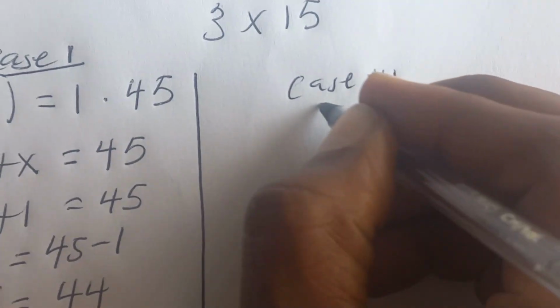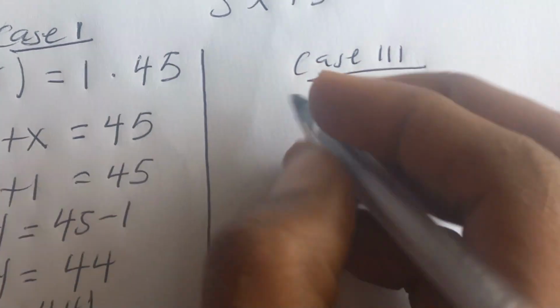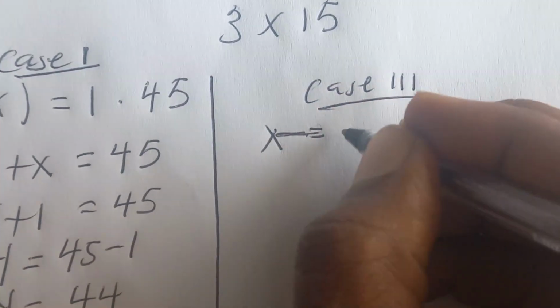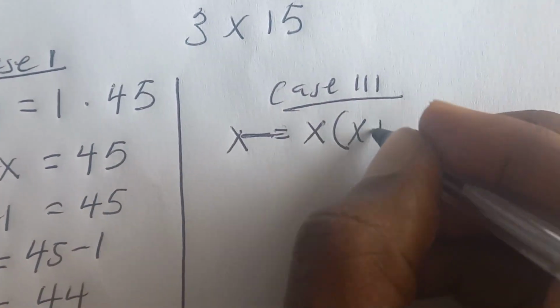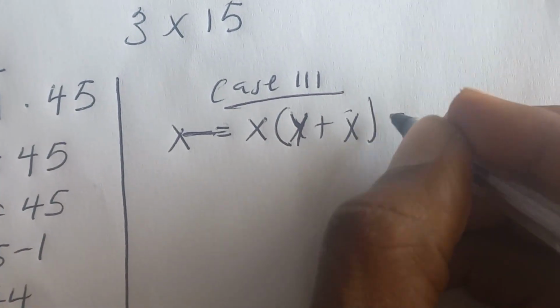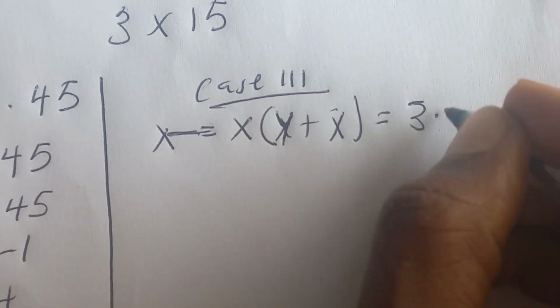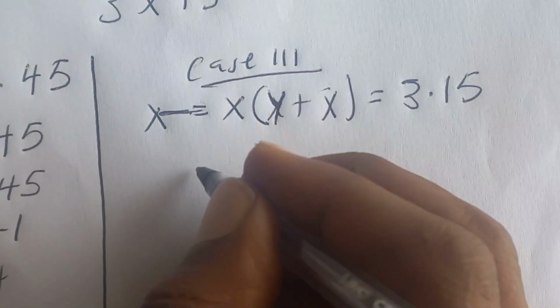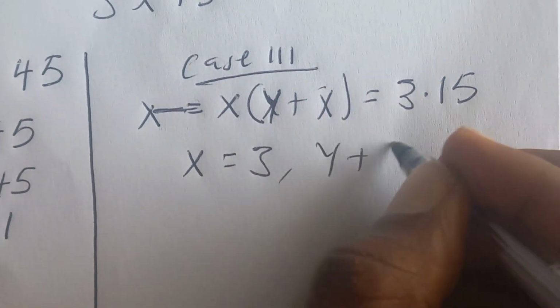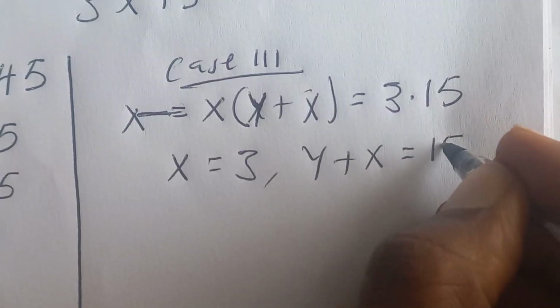Now, the case 3. Let me rewrite this again. We have x(x + y) is equal to 3 multiplied by 15. So our x is equal to 3, and then y plus x is equal to 15.